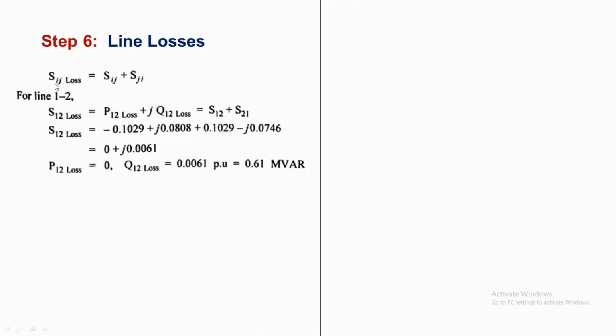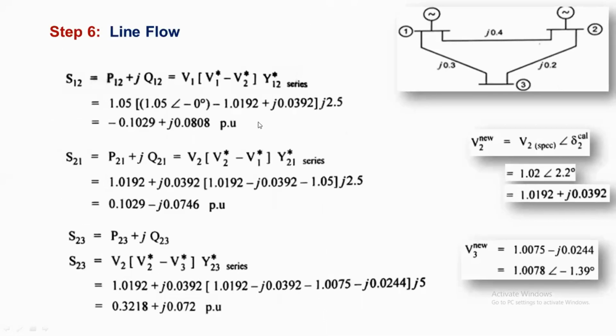The general formula is Sij loss is equal to Sij plus Sji. For line 1 to 2, the line loss becomes P12 loss plus jQ12 loss, here S12 plus S21. This is S12.